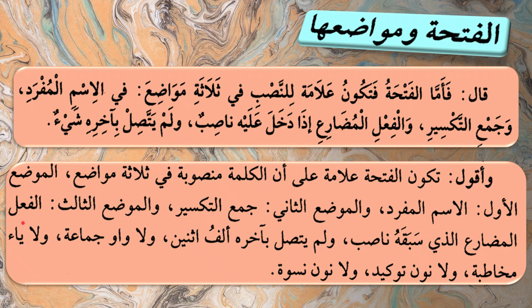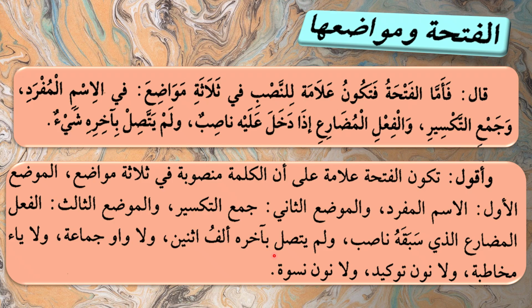And mawdi' thalith is the fi'l mudari', alladhi sabaqahu nasib, meaning it is preceded by a tool of nasb, walam yattasil bi akhirihi, and it is not joined at the end of the verb.